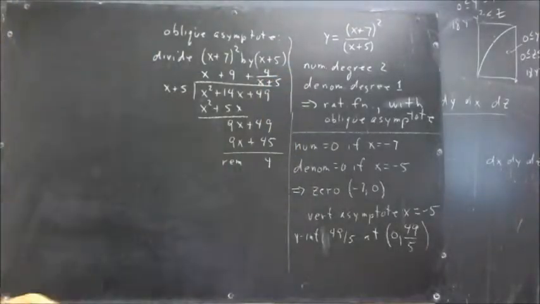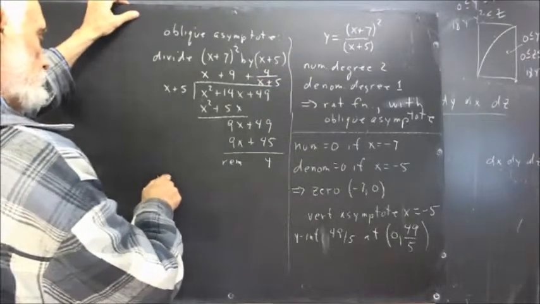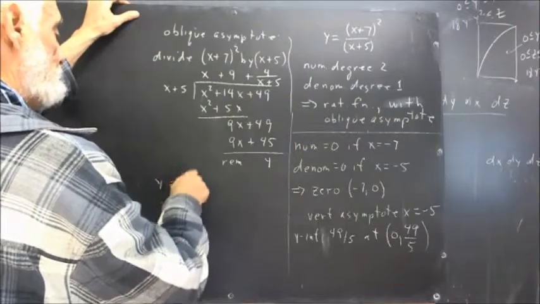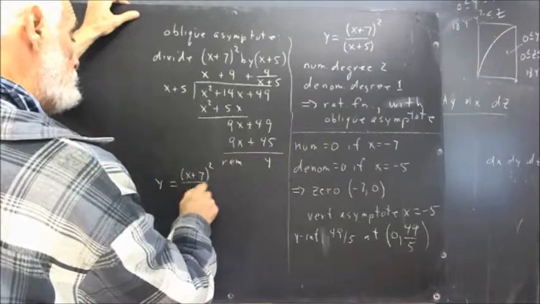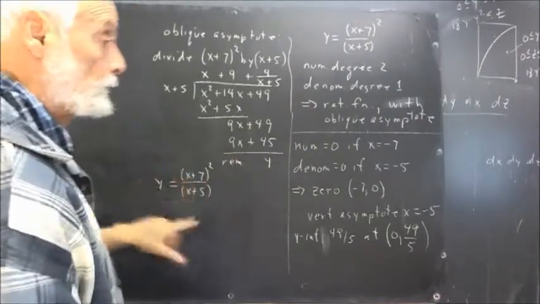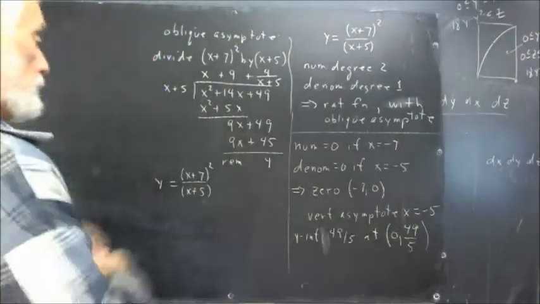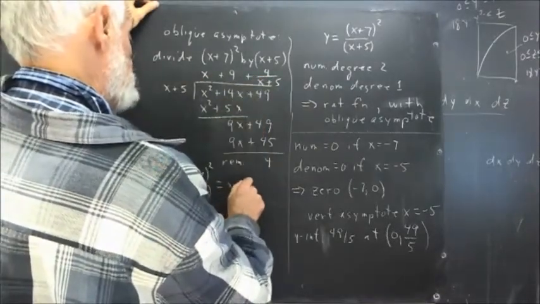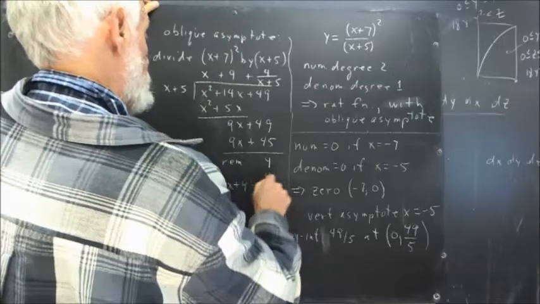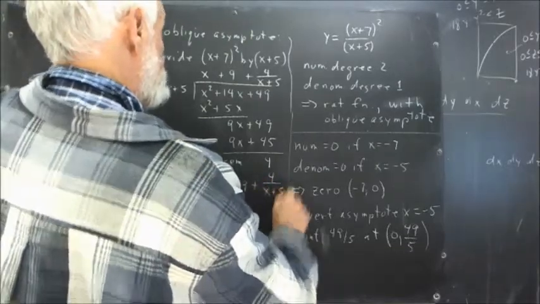So now we see that y equals (x plus 7) squared over x plus 5. And in this form we were able to get all this information. But that also equals this. It's x plus 9 plus 4 over x plus 5.